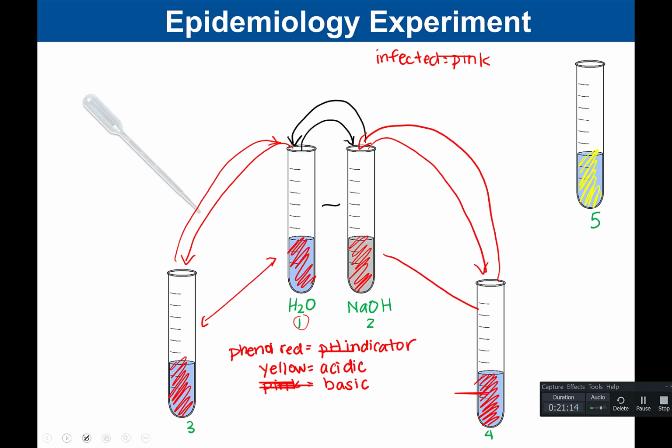If you were infected, I would have you come up and write your name on the board. So if we have our list of infected, we would have person number 1, person number 2, person number 3, and person number 4.